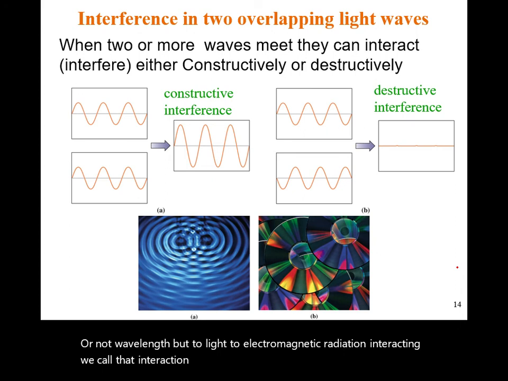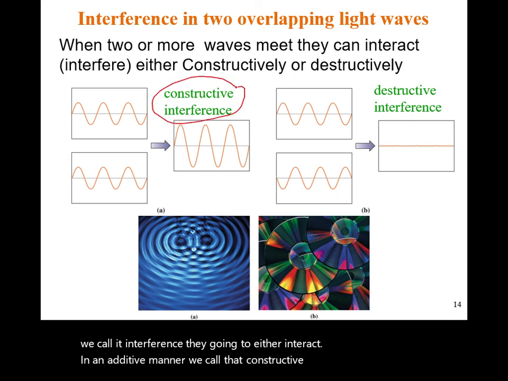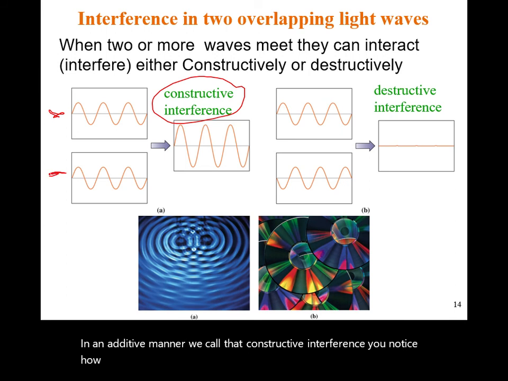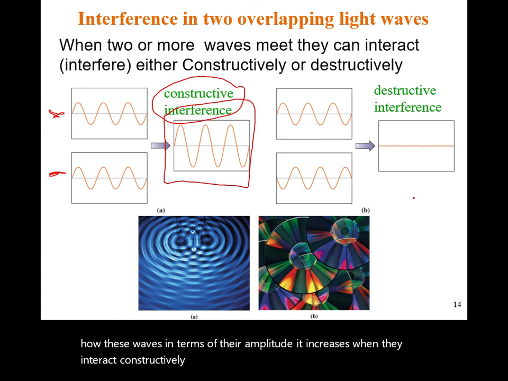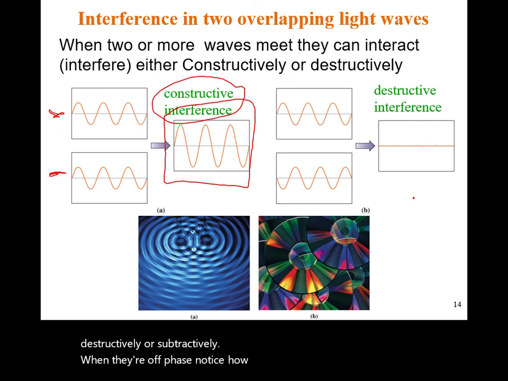Okay, when two or more waves interact, we call it interference. They're going to either interact in an additive manner, we call that constructive interference. You notice how these waves, in terms of their amplitude, increase when they interact constructively. Or we can look at them where they interact destructively or subtractively when they're out of phase. Notice how the crest here meets this bottom trough.